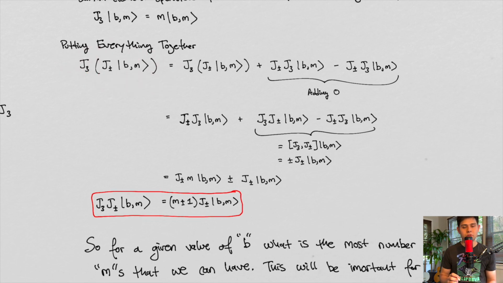A lot of this seems arbitrary, but this is sort of what physicists do. They consider something that looks like this and they see what happens. So let's consider this: J3, J plus, acting on BM, plus all this. This is just adding 0, because J plus minus 3, J plus minus 3, and there's a minus right here.